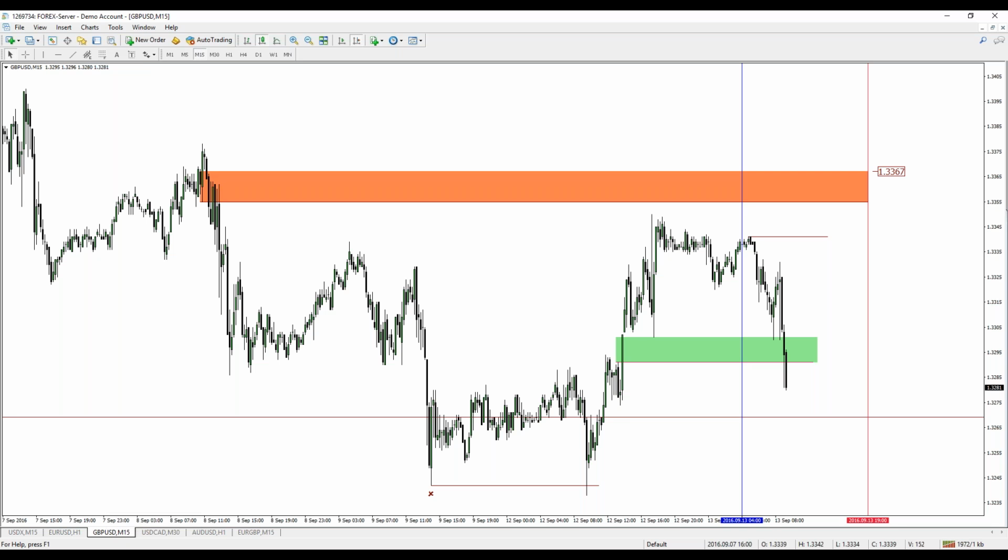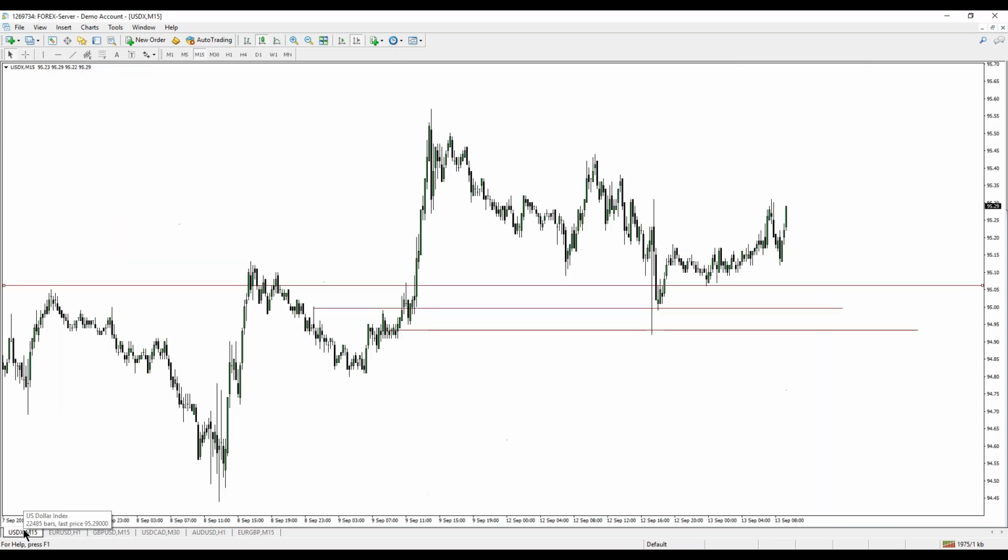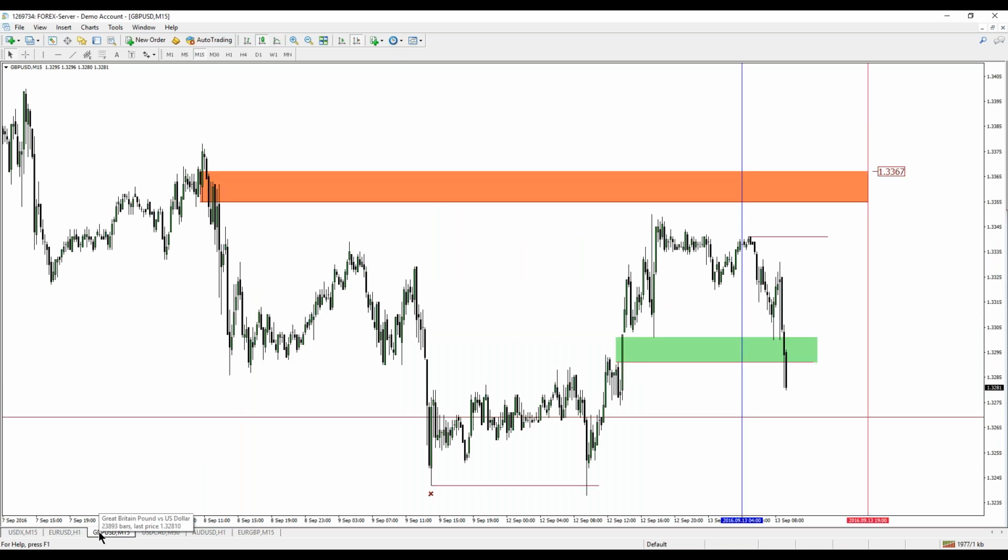Yeah, it'll be interesting to see what happens if we hit this level here. We might be seeing dollar rally just enough to drive the cable down into this level here and expand euro pound higher.